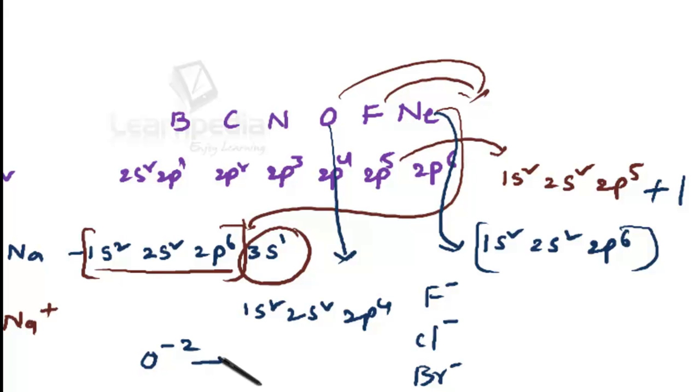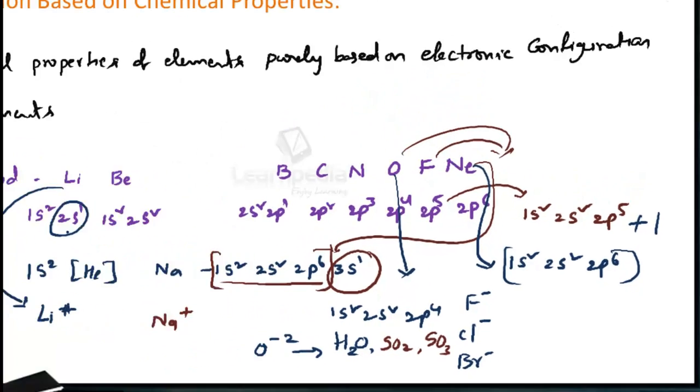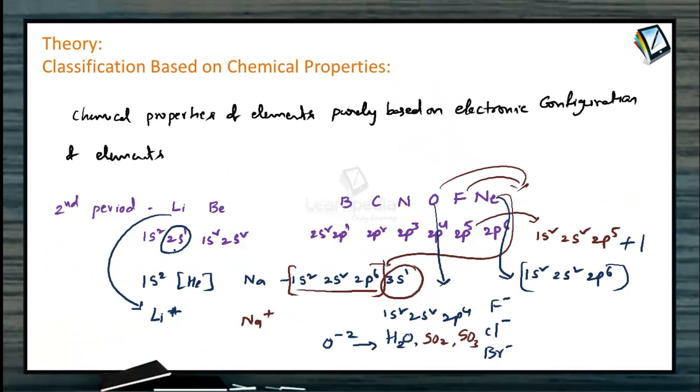That's why it forms stable compounds like water, SO2 and SO3. In all these compounds, oxygen has a bi-negative charge. So the chemical properties of all elements are purely based on their electronic configuration and the stability of the compounds.